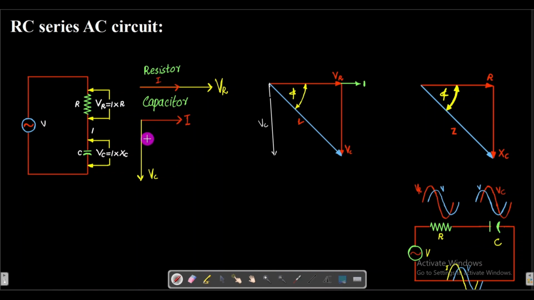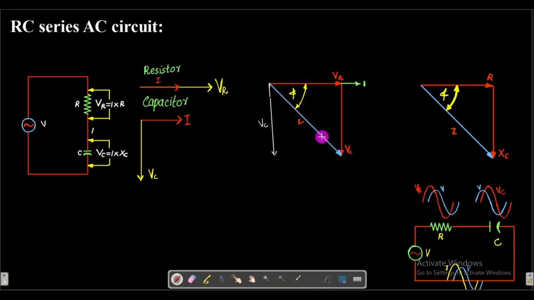The tail of the vector VC we will put at the head of the first vector, with the same magnitude. From the head to tail rule, the resultant will be drawn from the tail of the first vector to the head of the last vector.